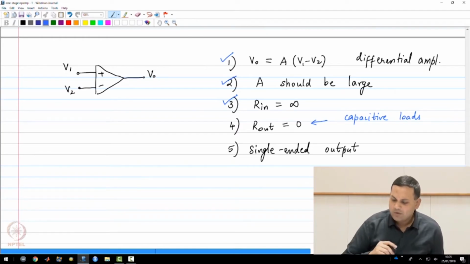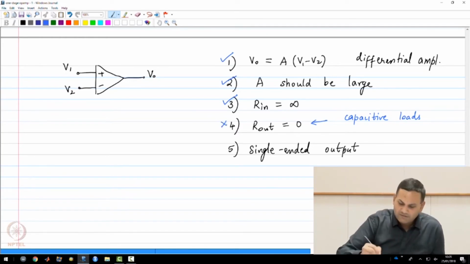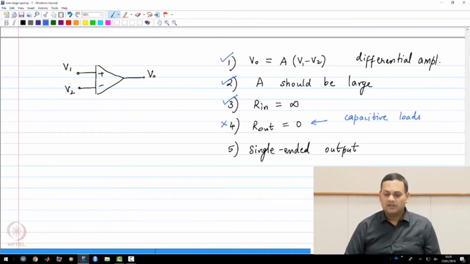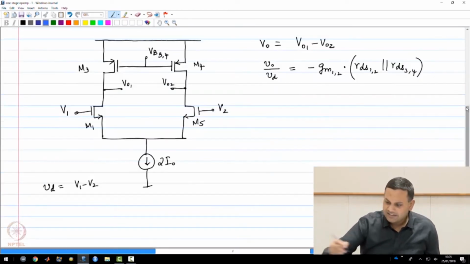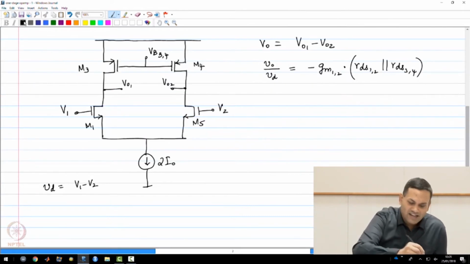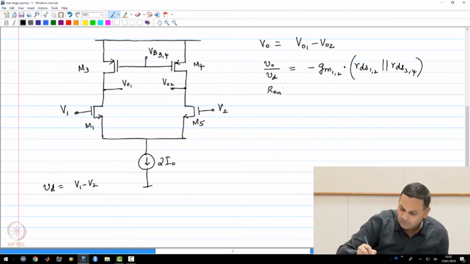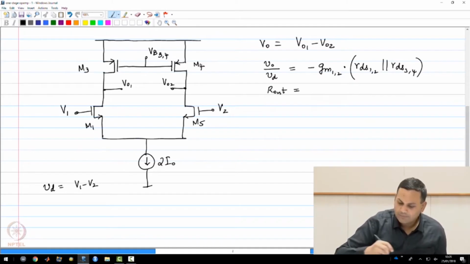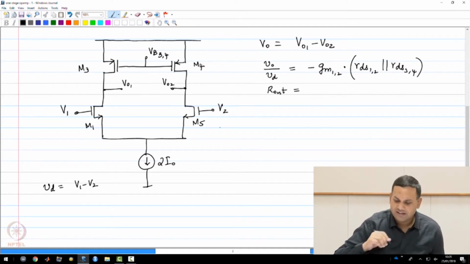Therefore, we will give up on number 4. As you can see, the circuit that we have come up with happens to have very large output resistance, and that is the reason why we are going to give up the output resistance condition.